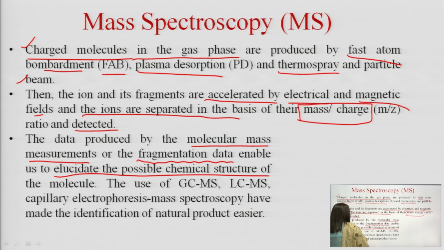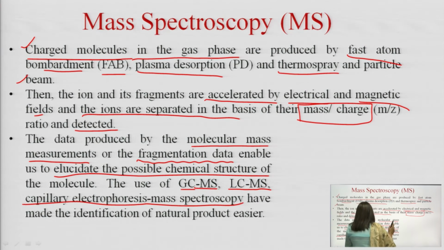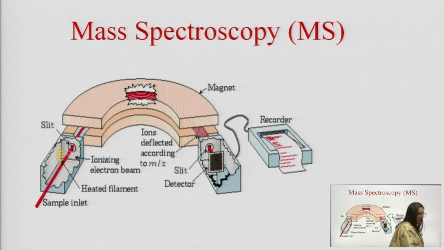The use of hyphenated or coupled techniques is very common nowadays. It is coupled with gas chromatography, liquid chromatography termed as LC-MS, and capillary electrophoresis along with MS, which have made the identification of natural products very easy.